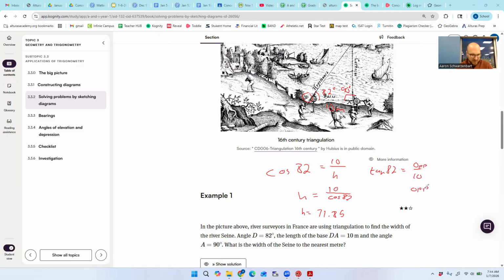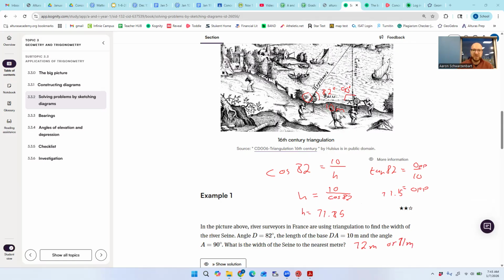Opposite equals 71.15. So to the nearest meter, 72 meters or 71 meters.